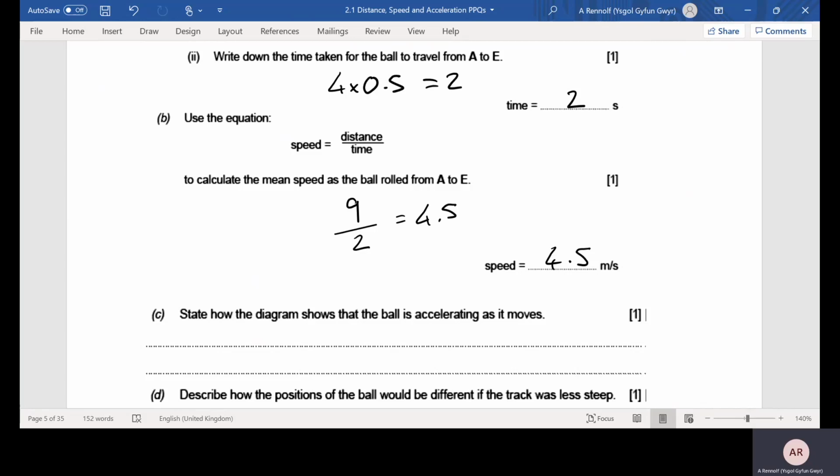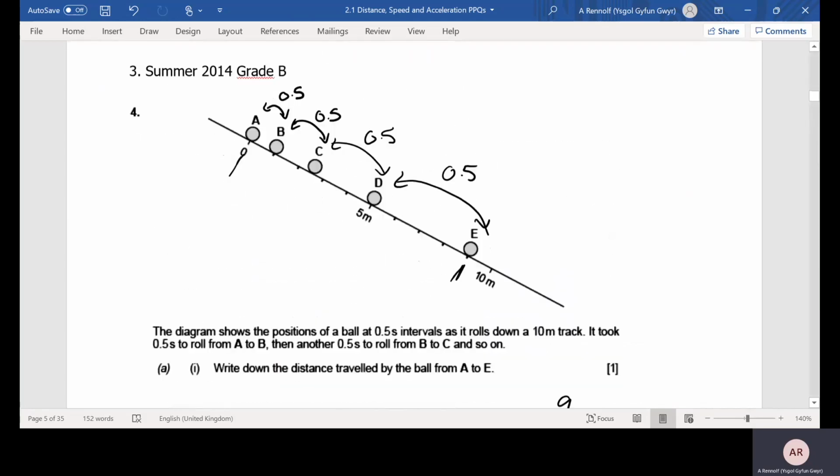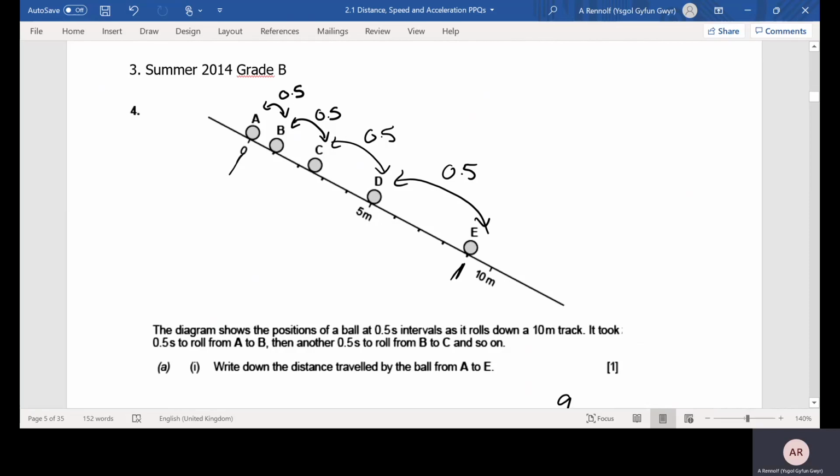State how the diagram shows that the ball is accelerating as it moves. So we want to pick out something that's specifically seen in the diagram, some property of this diagram that shows us that the ball is accelerating.